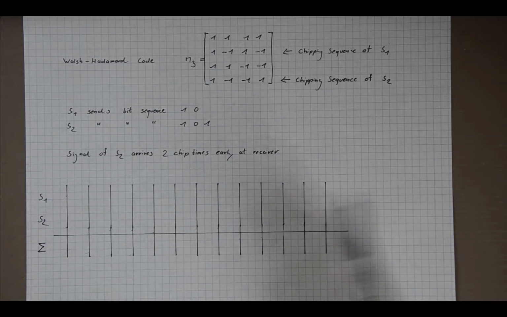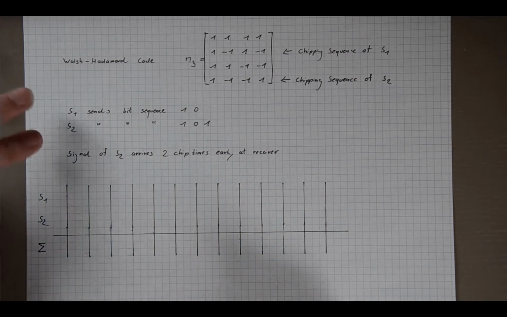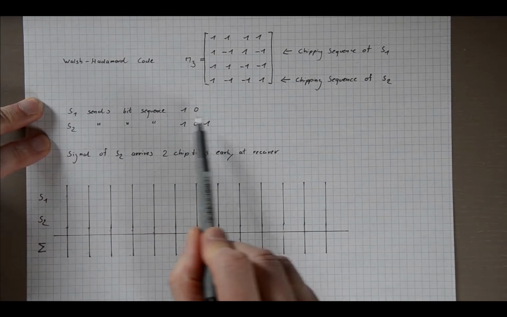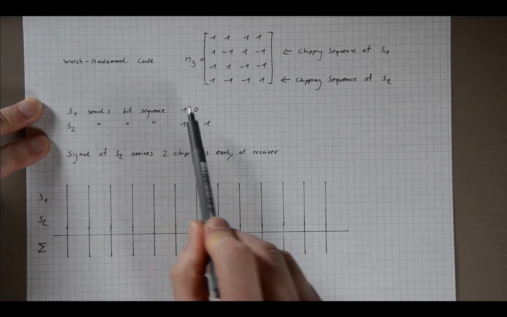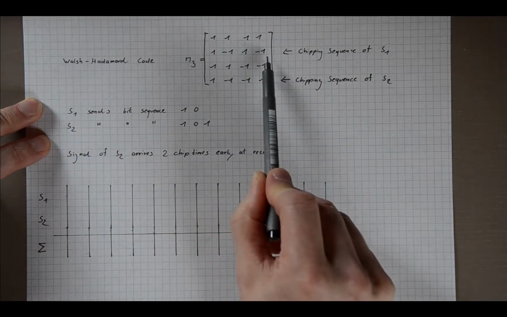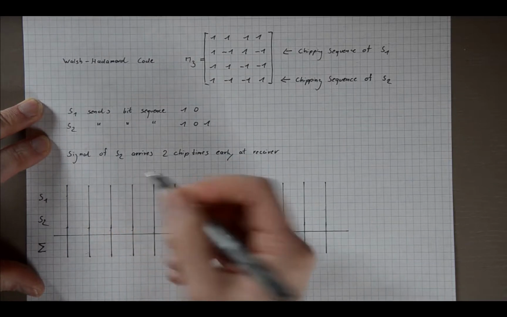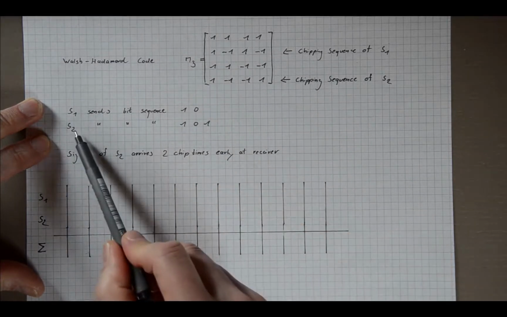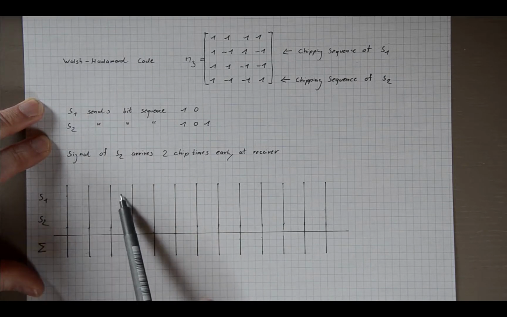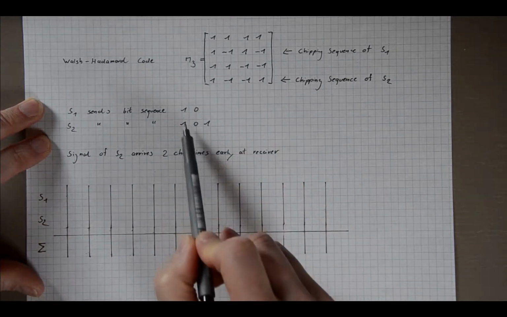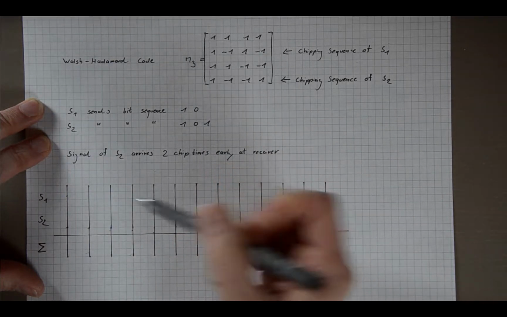Okay, now let's do our example. Let's send these bit sequences here. So we start with the sender S1. Sender S1 wants to send a 1 bit first. A 1 bit means that we need to send the chipping sequence as it is, so 1, -1, 1, -1. I start here 2 chips to the right, since later we'll see that sender S2 has to start a little bit earlier. Now we send the 1 bit, translating to 1, -1, 1, -1 as chipping sequence.